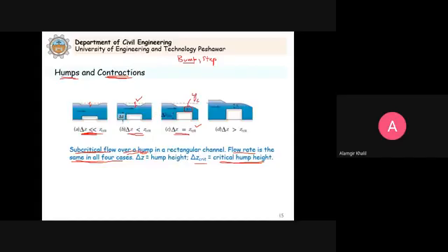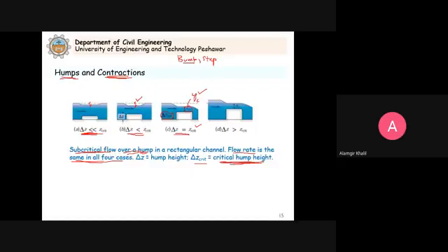Originally it is subcritical, above the critical, but now the depth is decreasing because of the increasing height. So this delta Z critical is the height of the hump which will cause the depth here to be YC, the critical depth. That is known as the critical hump height. Clear? This is the minimum height of the hump that causes critical depth. So, the critical hump height.